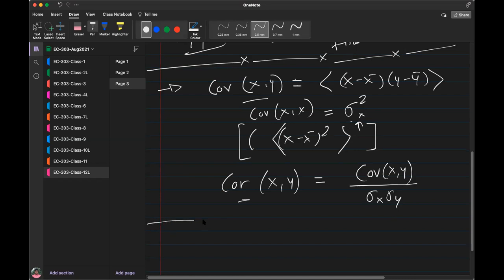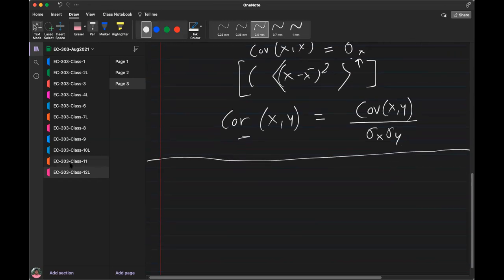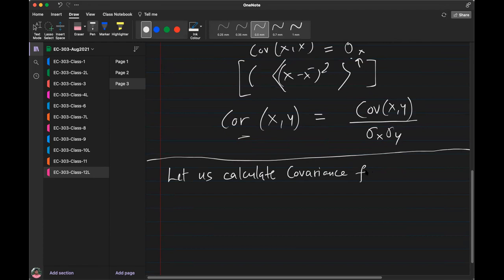So let's focus on calculating the covariance for the OU process.